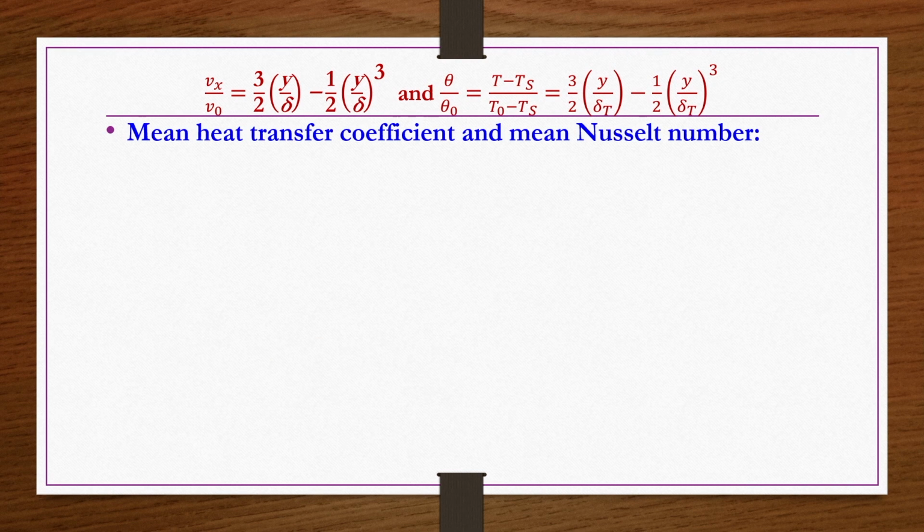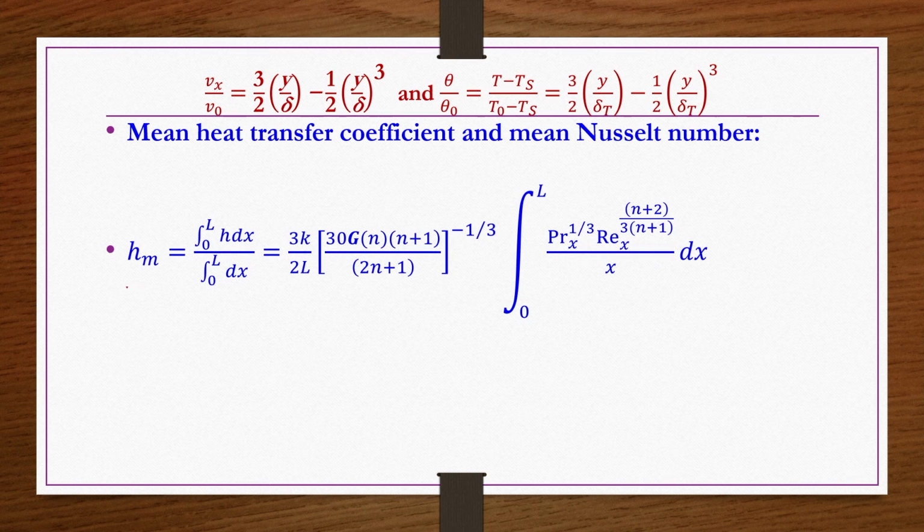If you want to know the mean heat transfer coefficient and mean Nusselt number, Hm, that is the mean heat transfer coefficient, is integral 0 to L h dx by integral 0 to L dx. H already you got this expression, except this L, that is the x.